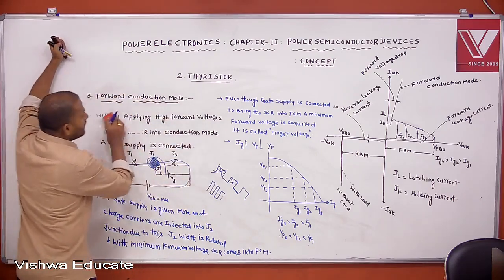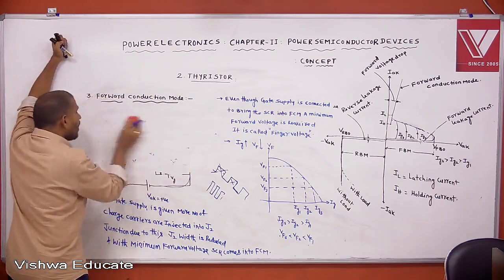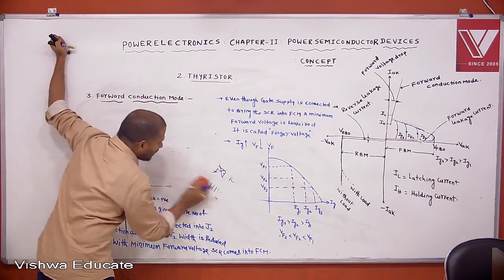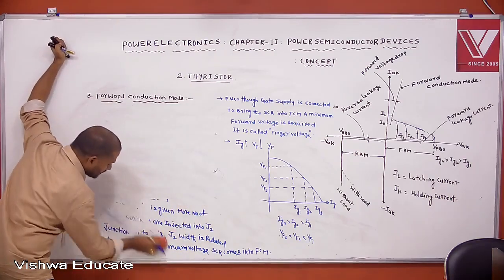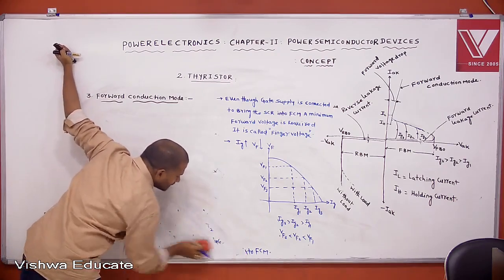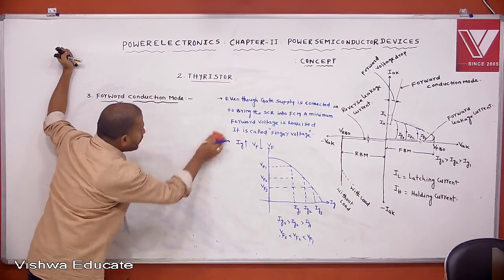Now see. Once the SCR starts the conduction, all the three junctions are forward biased. During the conduction of SCR, all the three junctions are forward biased. Very important observation.